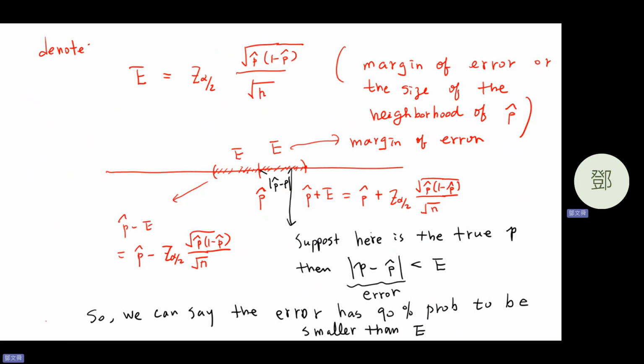The error is the distance between the fake one and the true one. So we can say that the error has 90% probability to be smaller than the margin of error. I'm a little dizzy because I'm having a cold.